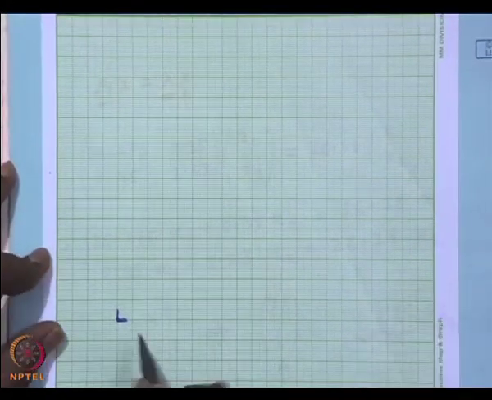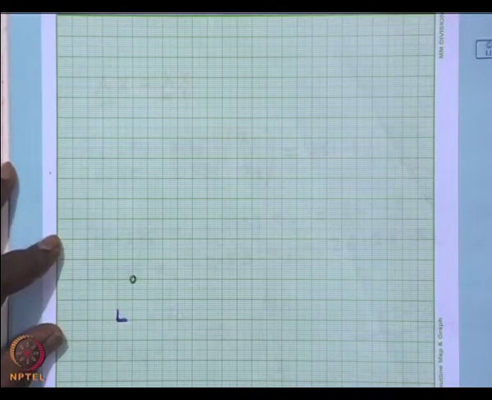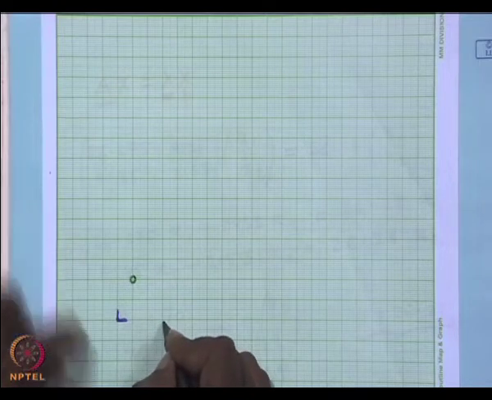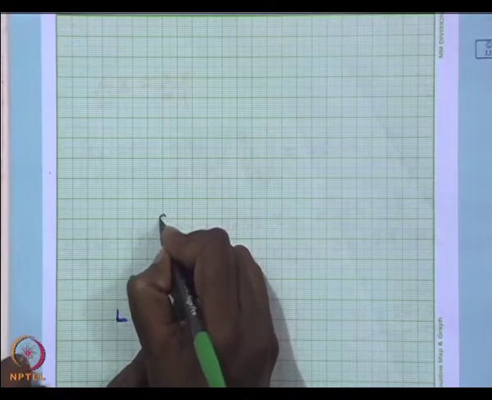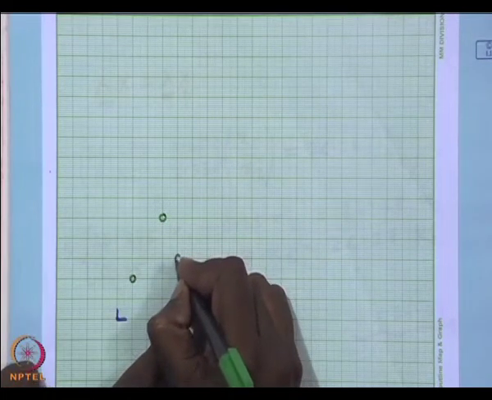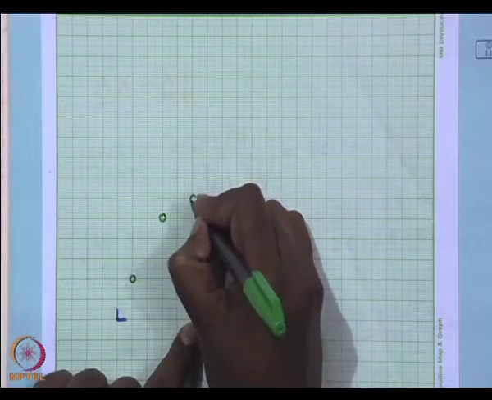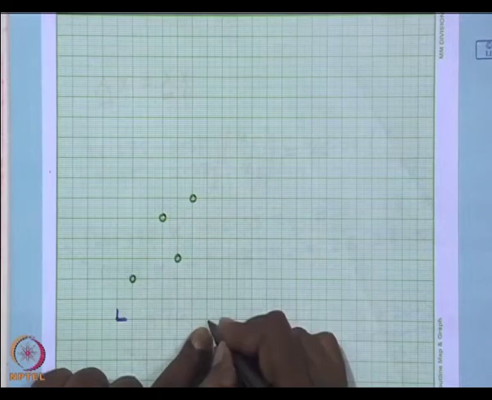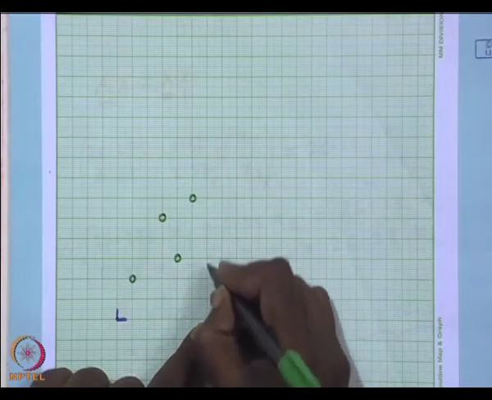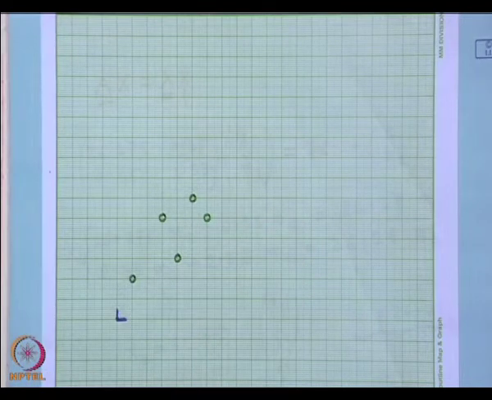So, the first one is 1 2, that comes somewhere over here, then 3 5, 3 5 is somewhere over here, then 4 3, 4 3 is this, then comes 5 6 over here, and then 7 5, 1 2 3 4 5. Okay. So, these are the feature vectors which belong to class omega 1.